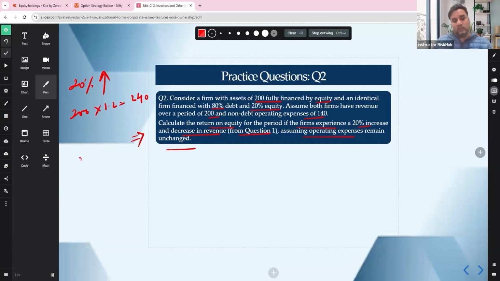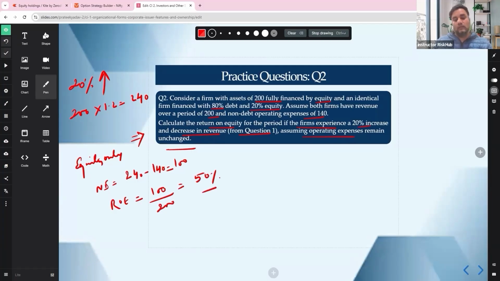So if it is equity only now, net income is equal to 240 minus 140 is equal to 100. So ROE is what? 100 over equity. Equity was 200, no? So 50%, right?